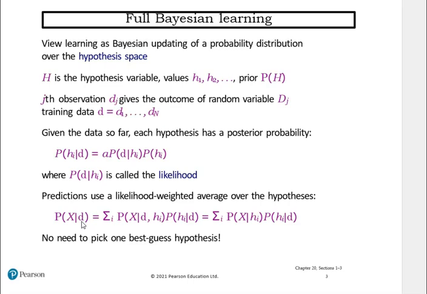So this equation shows that predictions are weighted averages over the predictions of the individual hypotheses, where the weights are the posterior probabilities P of hi given the data. So the better the hypothesis fits the data that we just observed, the higher its weight, and vice versa. The worse the fit, the lower the weight of the given probability.